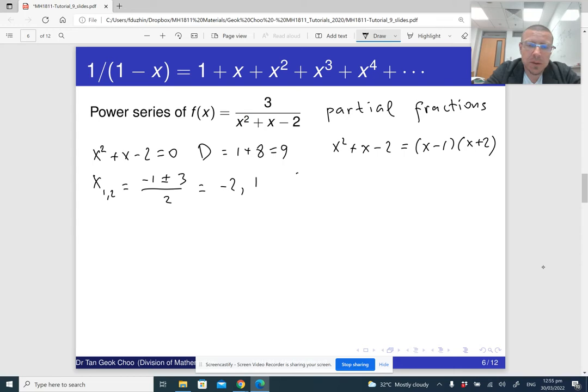And 3 over x squared plus x minus 2 is going to be a combination of 1 over x minus 1 and 1 over x plus 2, with the minus sign.